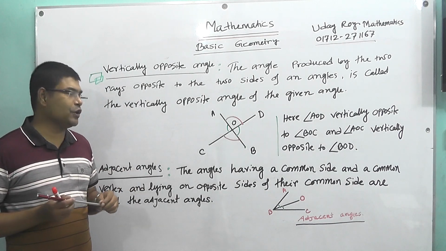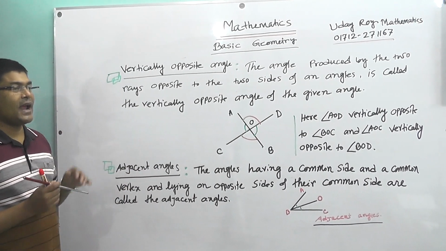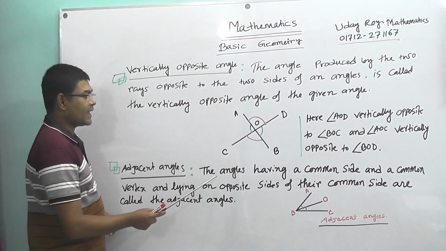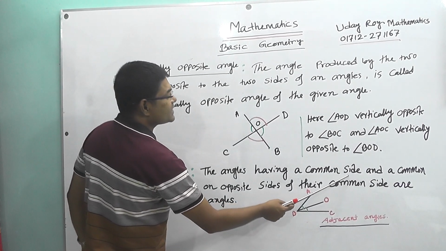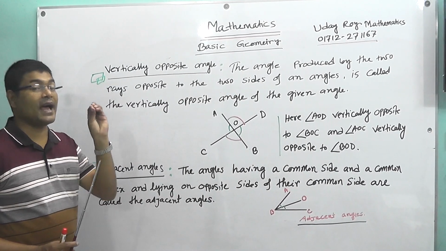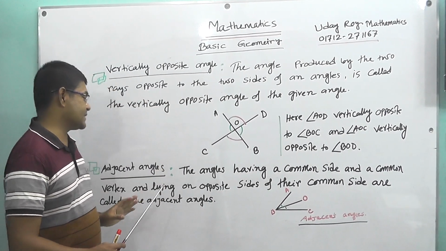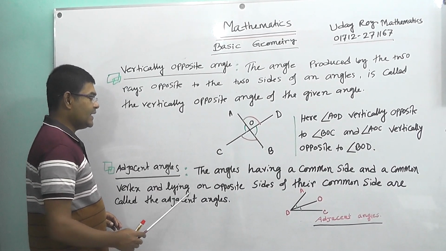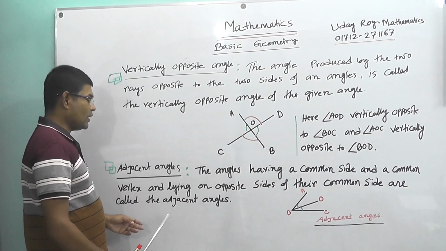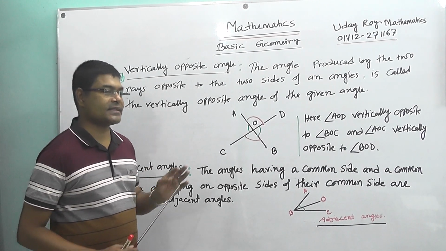Now we will have to know adjacent angle. The angles having a common side and a common vertex and lying on opposite sides of their common side are called adjacent angles.